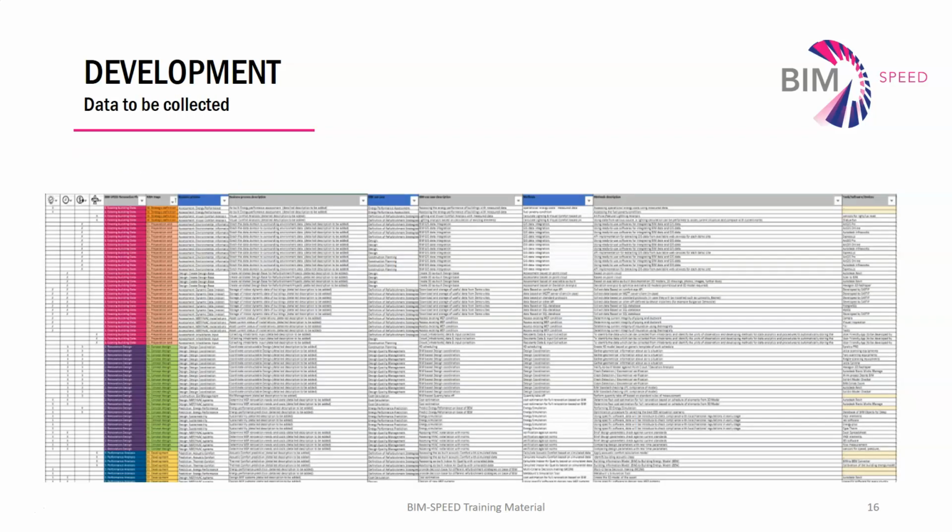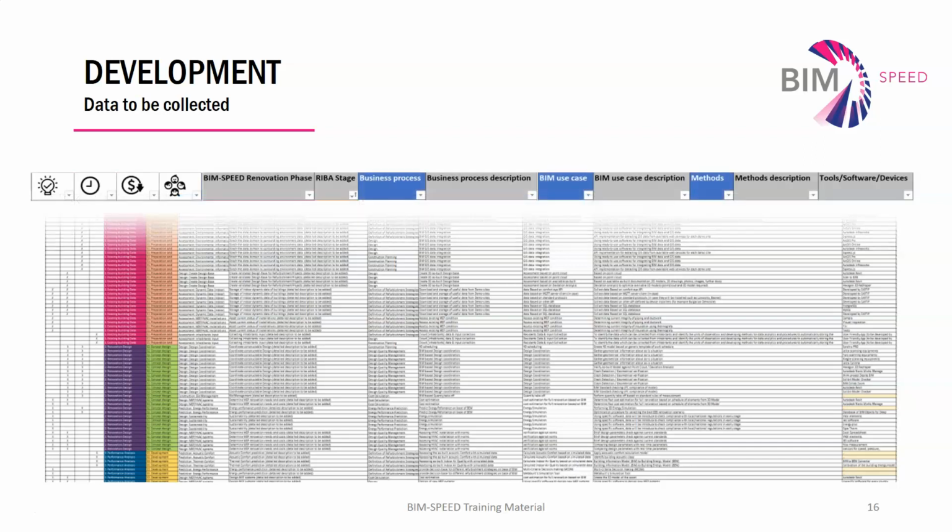All this information has been structured in a huge Treeview Excel sheet to identify which BIM use cases and BIM methods will serve which BIM-Speed main objectives. Besides those main objectives, which have been incorporated as filter options, BIM-Speed renovation phases, rebar stages, descriptions, and finally the data to be collected have been added to the table.